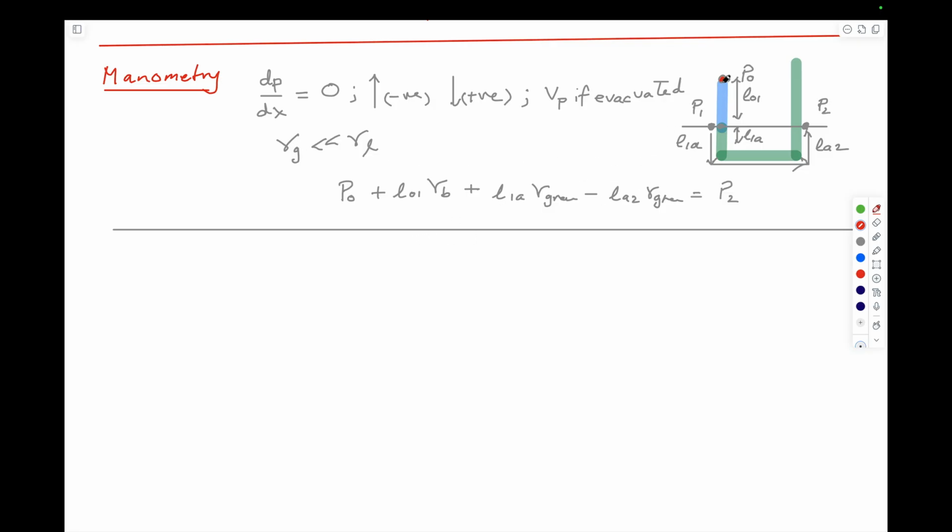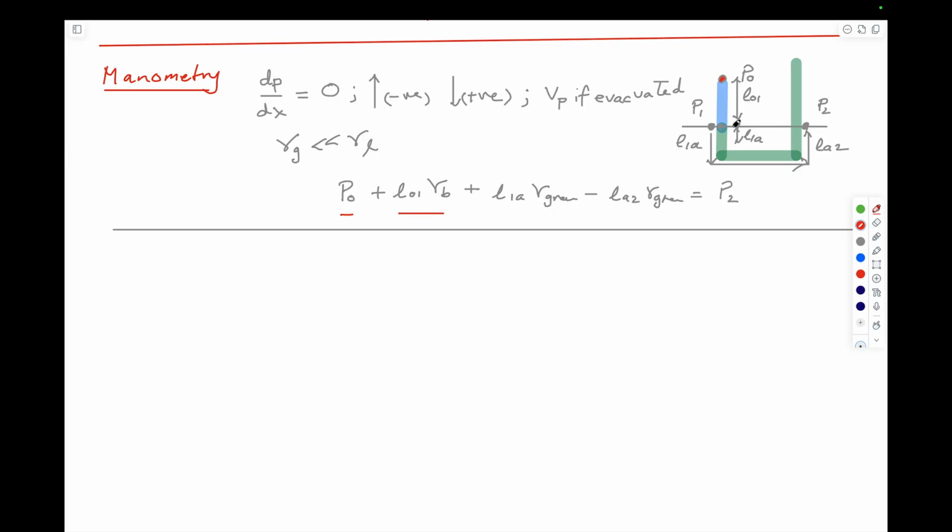And if you need to go from this point here to this point here, all you have to do is take the pressure at this point, add the change in pressure as you go down a length L01 to this point here, multiplied by the unit weight of the blue fluid, which is this, you're going down.